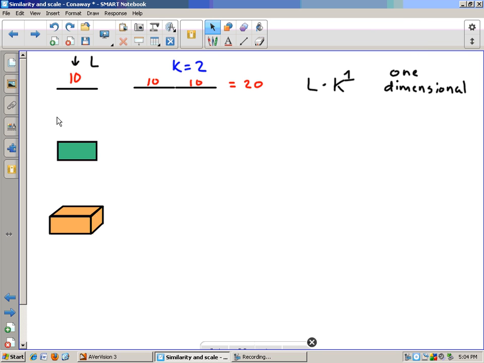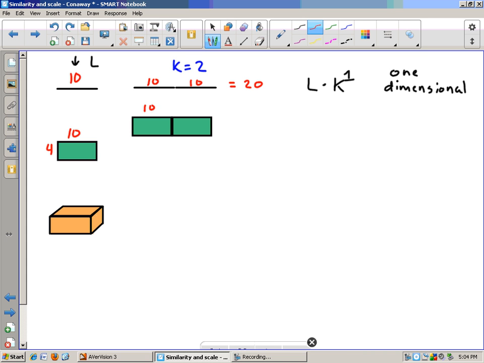So now, what happens if we wanted to scale it up, let's say, in 2 dimensions? So we have, let's say, this rectangle here, whose measures would be 10 and 4. So when I scale this up, I'm going to scale it up in 2 dimensions, which means when I double it, I've not only had to double it in the direction of 10, so that I get 2 of those.